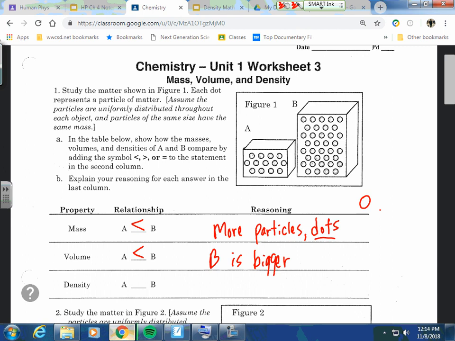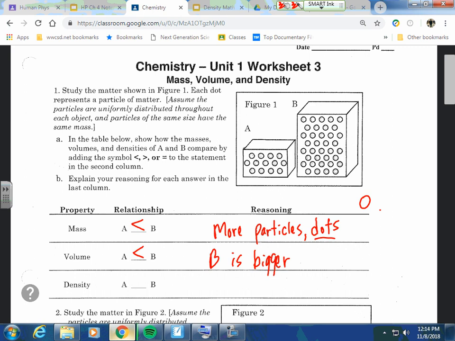Which one has more density? Here, A? They're equal. How many people think A? Raise your hand. Who said A? Why do you think A? So do you think they're equal?